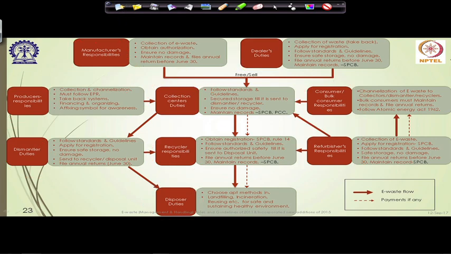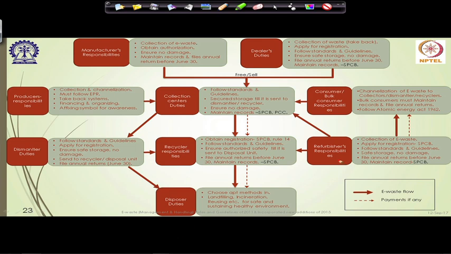The important point also is how they are connected. As you can see here, manufacturers and dealers are connected to collection centers. The consumer and bulk consumer also send their waste to the collection center. Producer responsibility has its own collection center, linked with the dismantler. They are linked with the recyclers as well as the disposer.